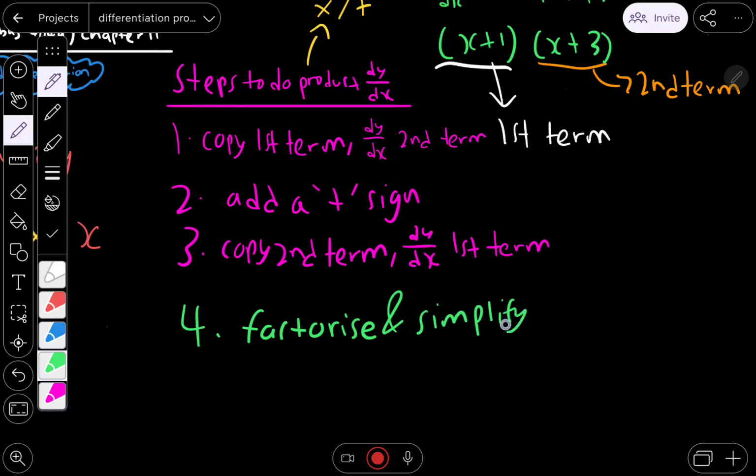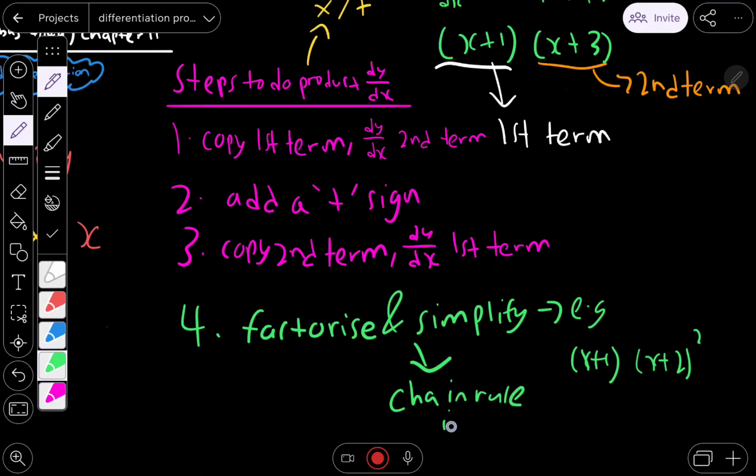This really depends, and usually the question may be a basic term times a binomial term, like, let's say, x plus 1 times x plus 2 squared. Then this one you have to factorize. Maybe in some cases we will have to factorize, if not, no. It really depends on the question. But from questions I see, usually there is a chain rule differentiation involved.